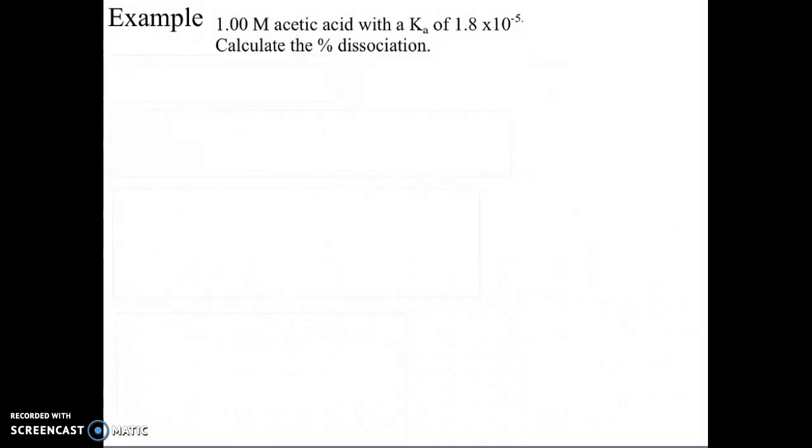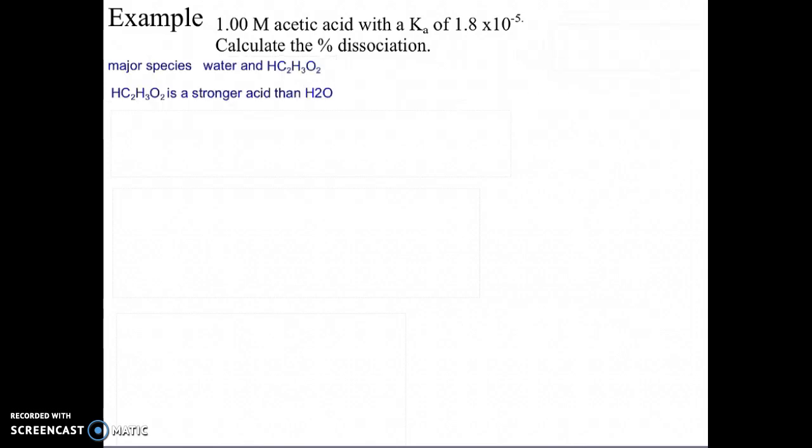We're talking about acetic acid. You have a 1 molar concentration of acetic acid with its Ka value being 1.8 times 10 to the negative 5, and it's asking you to calculate the percent dissociation.